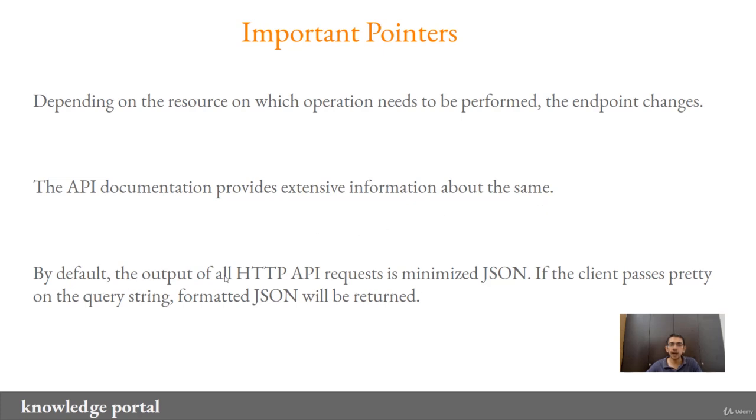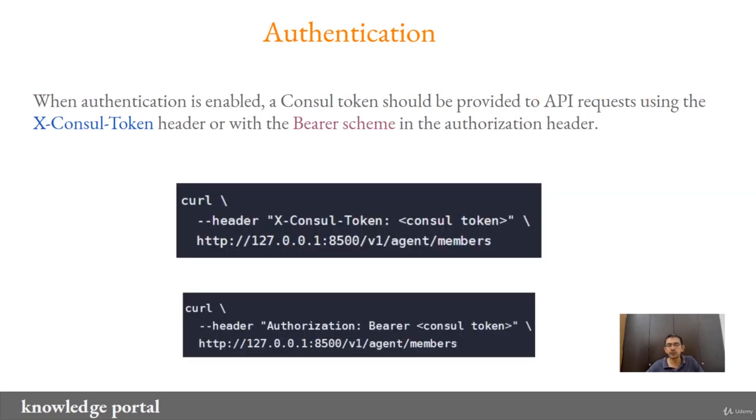Also, by default, the output of the HTTP API request is minimized JSON. However, if a client passes pretty on the query string, the JSON would be formatted accordingly. For today's video, we did not have any ACLs enabled for authentication. However, if you have ACLs enabled, then you will also have to pass a Consul token via the X-Consul-Token header.